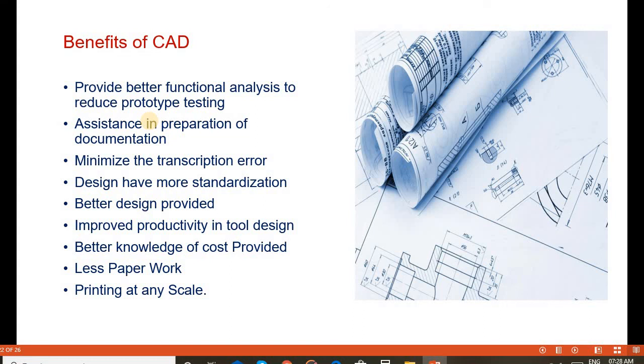Also, better knowledge of cost is provided. We know each and every product's cost: manufacturing cost, service cost. So for all the cost aspects, we have better knowledge. The CAD system provides better knowledge in all cost aspects.